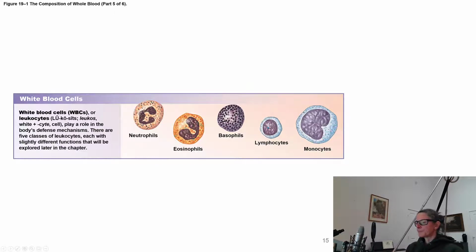So we've got T lymphocytes, which develop in the thymus, hence the name T lymphocytes, and these will be important for cell-to-cell mediated immunity. We have B lymphocytes that develop in bone marrow, hence the name B lymphocytes, and they're the ones that will, when activated, convert into plasma cells and start producing antibodies.